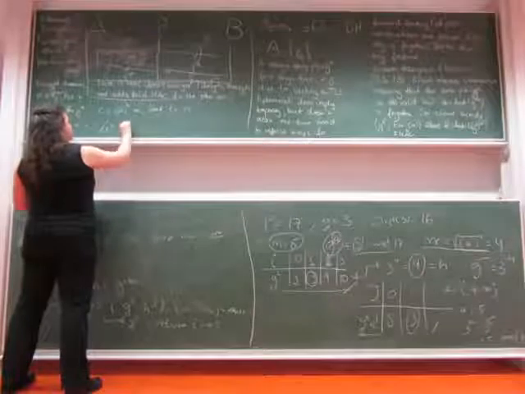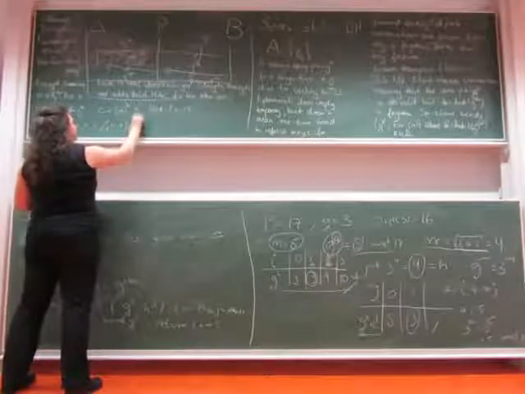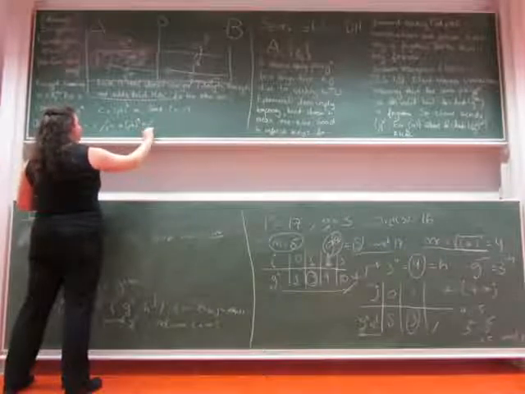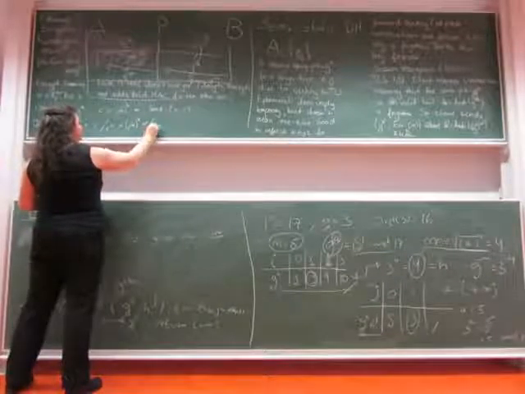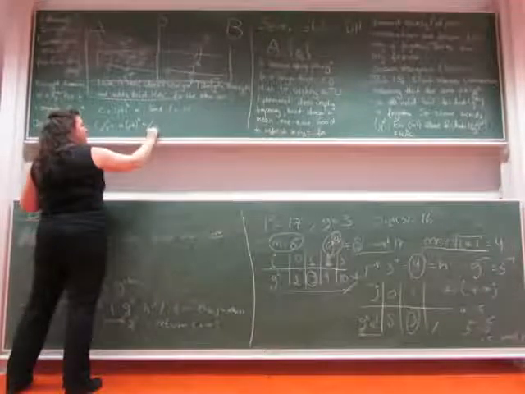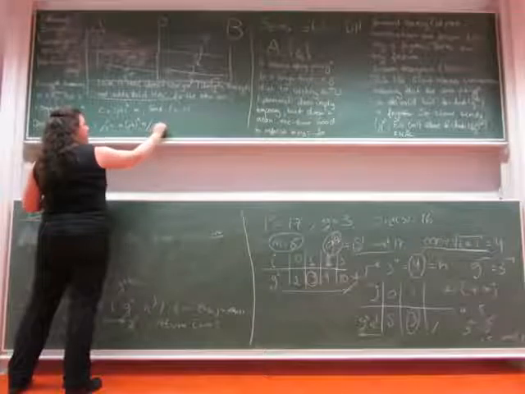So C was Alice's public key to the power k times m divided by R to the A. Now R, that was G to the k, so we now have an A here.